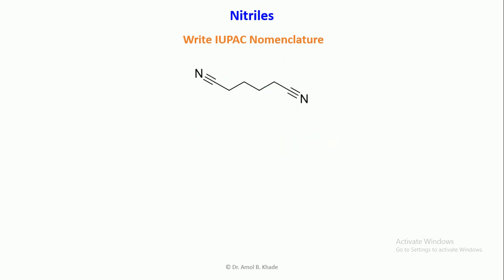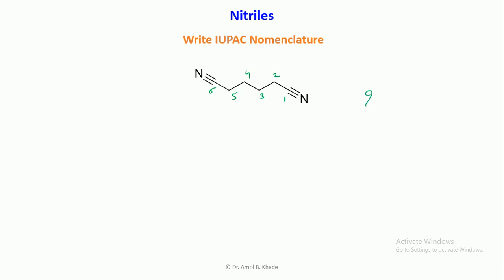Can you try this structure? There are 2 nitrile groups here. We can give the numbering 1, 2, 3, 4, 5, 6. So you can use the prefix di. So it is a hexane.